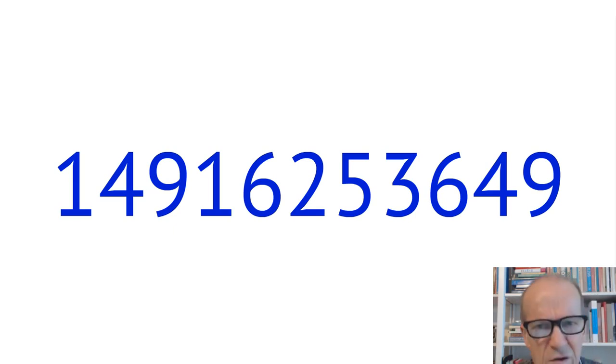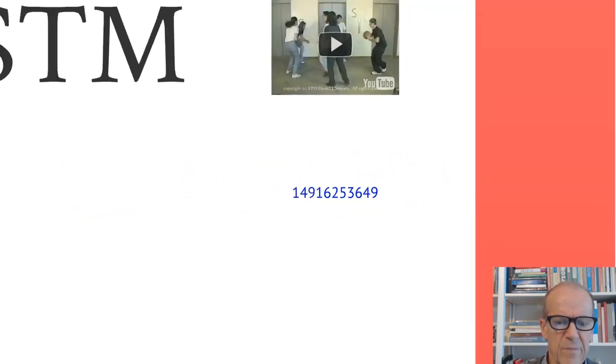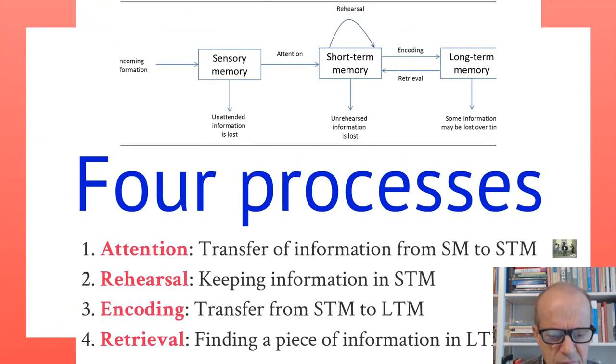That kind of organizing information is what people constantly do, and that makes it a lot easier to encode information, bringing it from short-term memory to long-term memory. Retrieval is the process by which you try to find information in long-term memory.